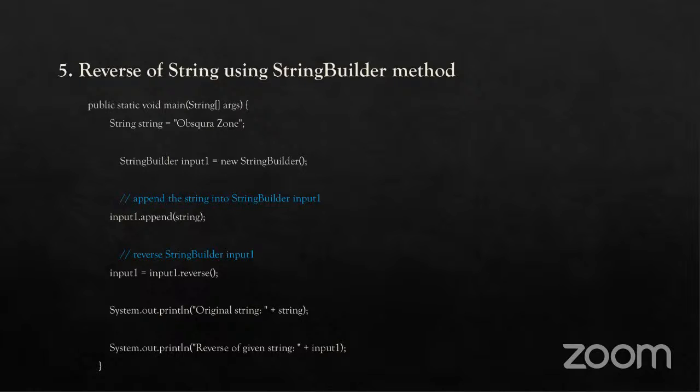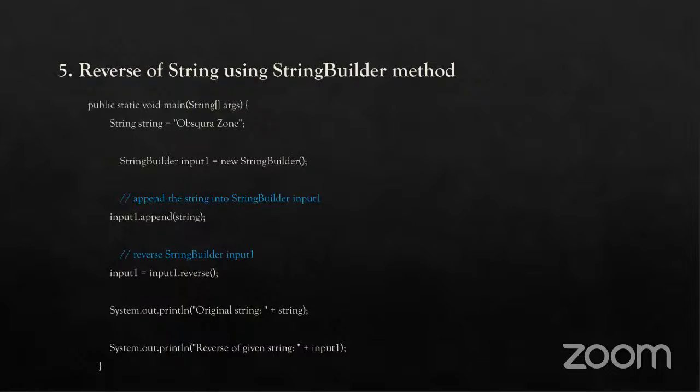So input1.reverse method I am calling. The reverse method is an inbuilt method of the StringBuilder class. This will calculate the reverse of the string and give us the reversed string as output.